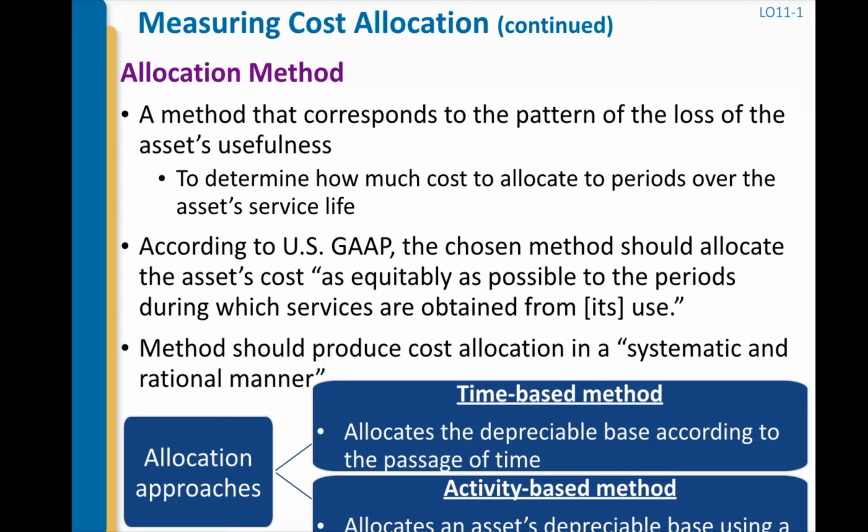So you are allowed a little bit of leeway in selecting which method you choose, but like that last bullet point there says, you have to pick something that produces a systematic and rational representation.